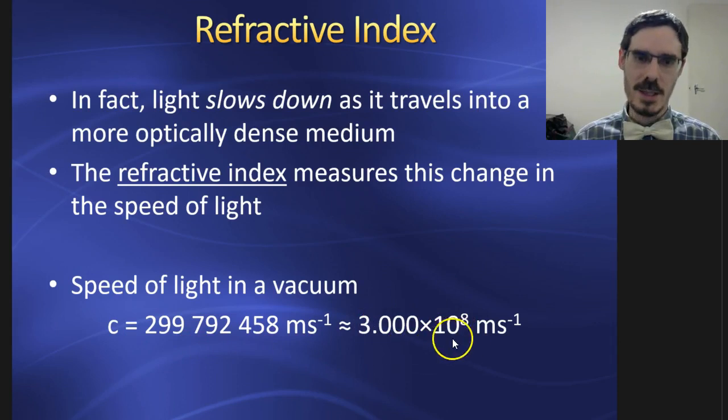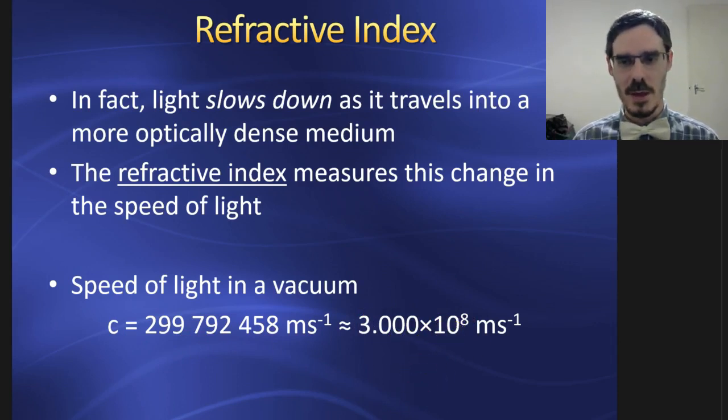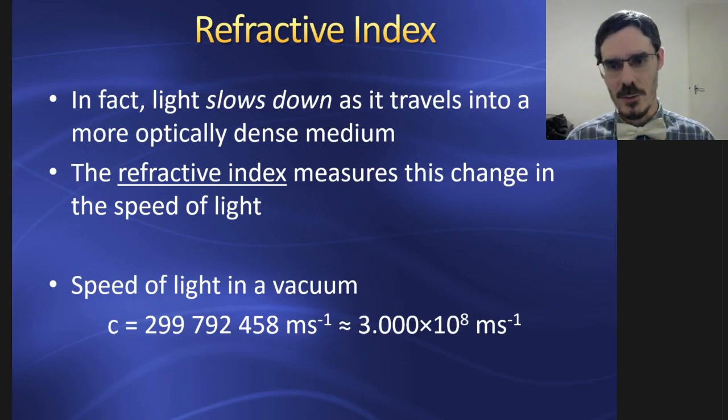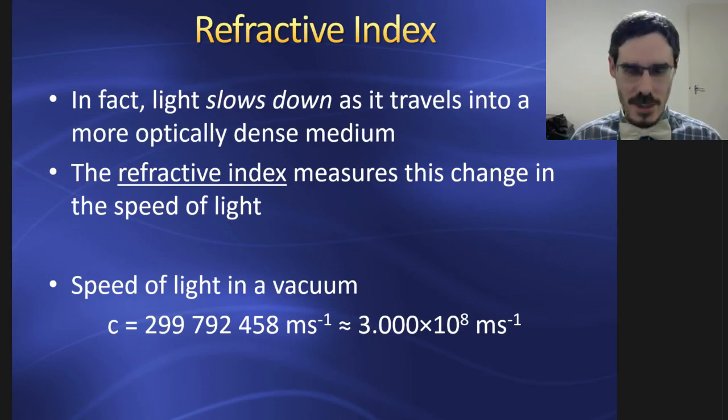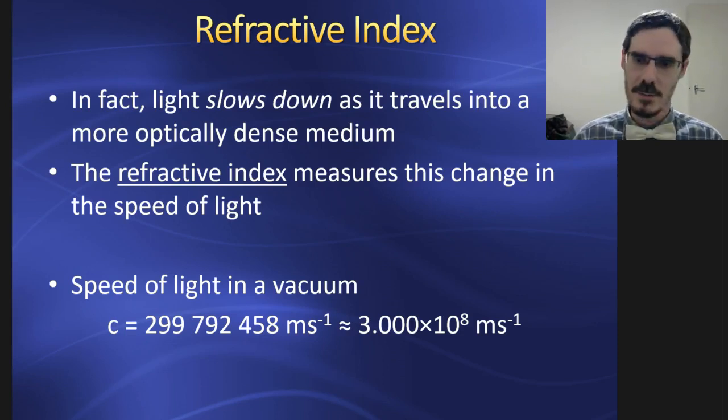So 3 by 10 to the 8 is a perfectly good approximation. But that precise number, 299,792,458, is a definition in SI units. It has to do with actually the definition of the second. So that's the speed of light in a vacuum.